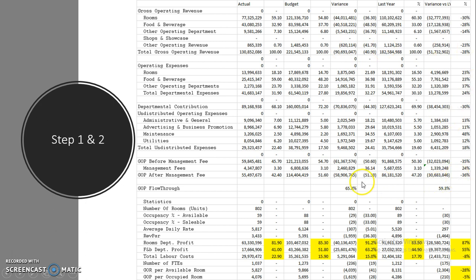So here the case is 59%, which is considered low in case of flow through. Here you can see the occupancy statistics: occupancy is 59% compared to the previous year's 89%. However, the rate has increased from 5,500 to 5,800.